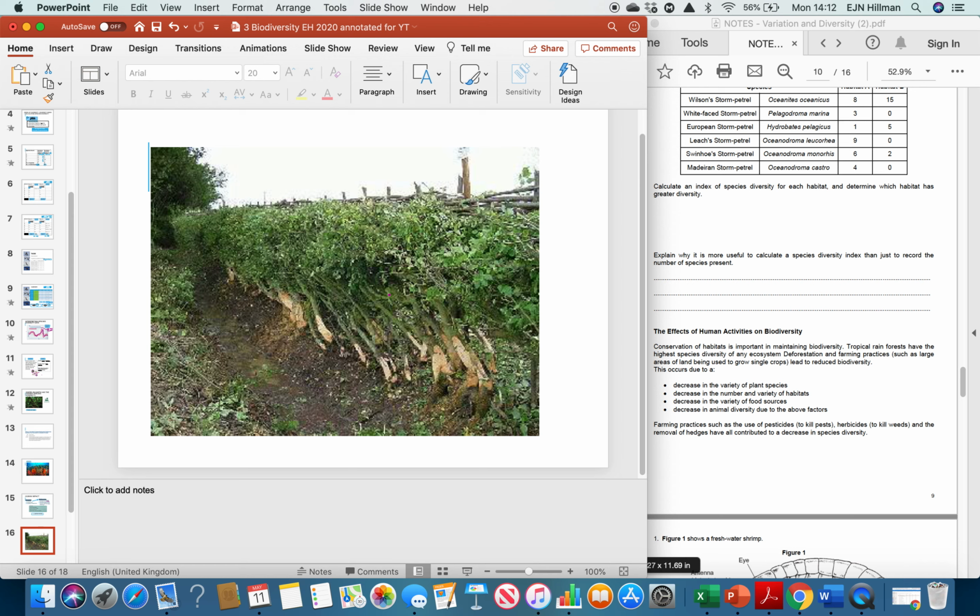Now, in the post-war period, 1945 onwards to about the 1970s, farmers were given subsidies to increase food production. And that's fine, we're coming out of the war and we're having to do a lot more food production. But to increase food production, farmers started to use larger machinery.